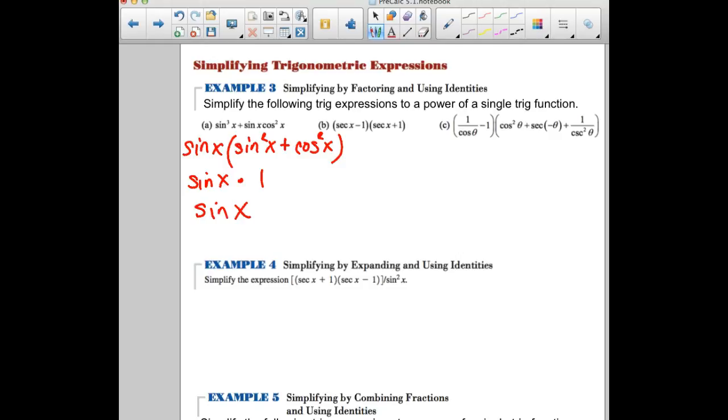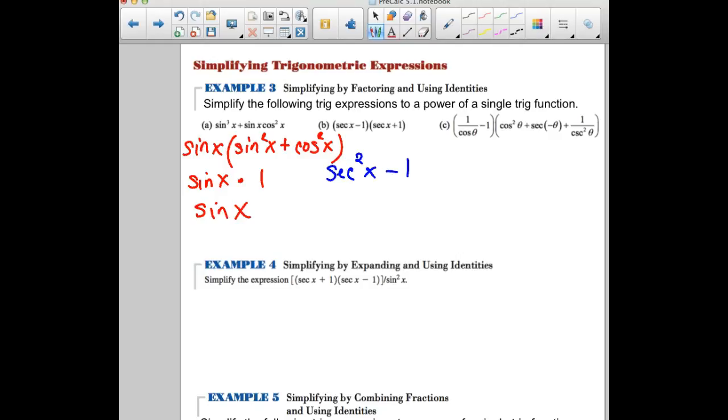The second one, we have secant of x minus 1 times secant of x plus 1. Let's think of foiling that out, because if we look at it carefully, it looks like we have that idea of conjugates here. Secant minus 1 times secant plus 1 becomes secant squared. Insides and outsides would drop out, and we end up with secant squared minus 1.